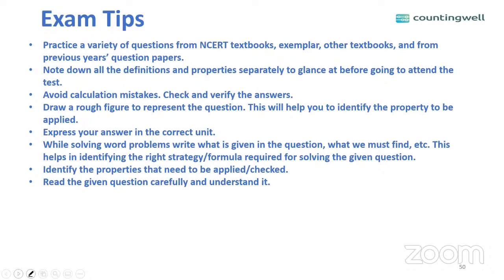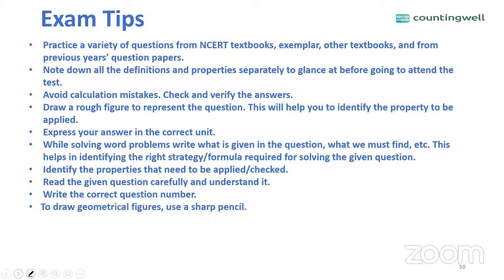Next, you have to read the question carefully and understand it. Make sure you are writing the correct question number, because many times what happens, suppose the lengths of the sides given for a quadrilateral are the same, or the names of the quadrilaterals for two questions one below the other are the same, then you can mistakenly take question number 1 as 2 or question number 2 as 1.